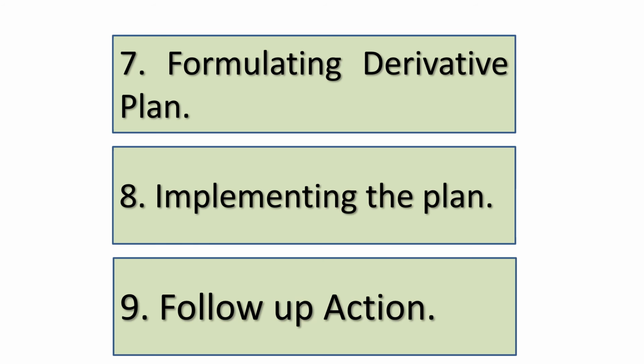Next point is implementing the plan. This is the process of turning plans into action to achieve the objectives. It requires the use of other management functions such as organizing, staffing, directing, and controlling.